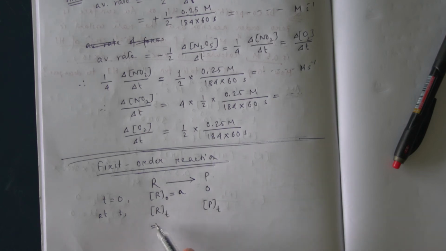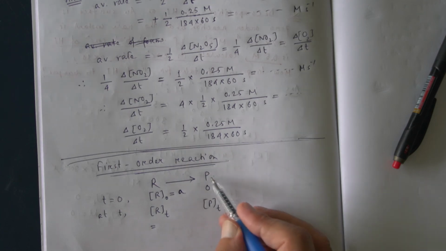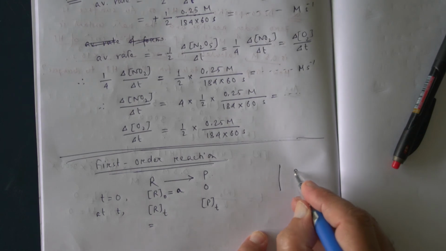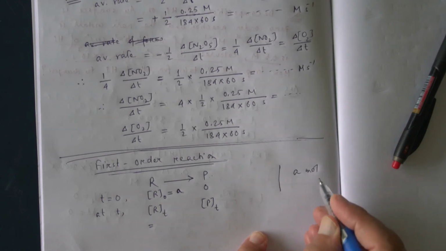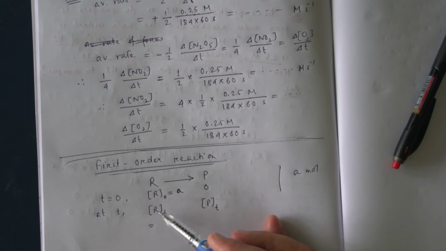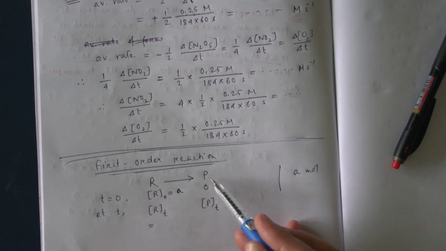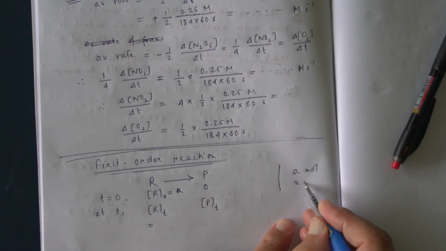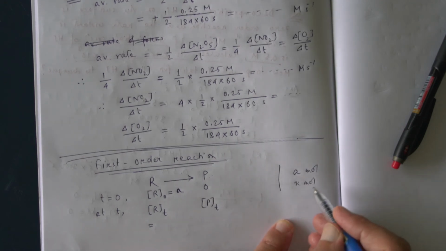At time t, x mole has been converted. Initially, we have A mole. And at time t, how much has been converted to P? At time t, x mole converted to P.